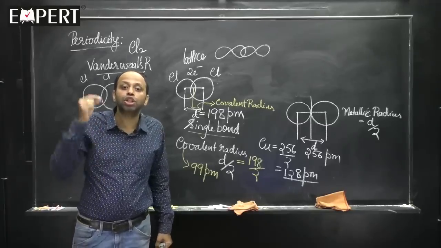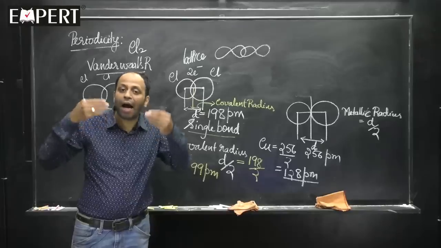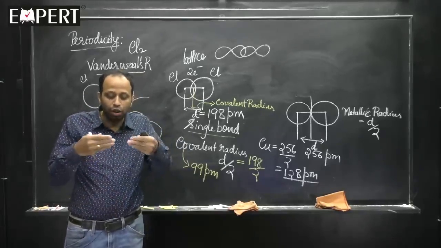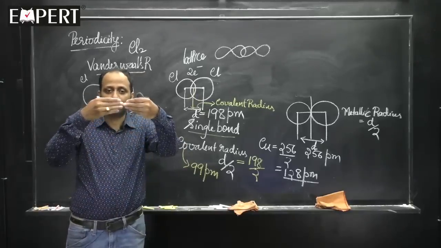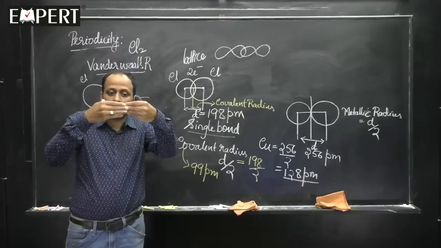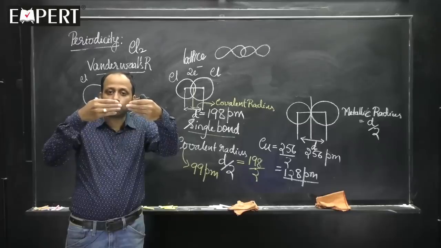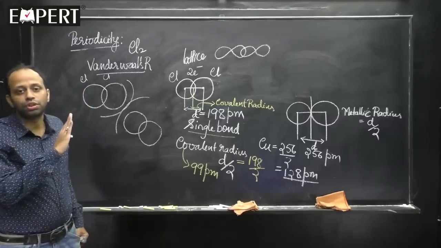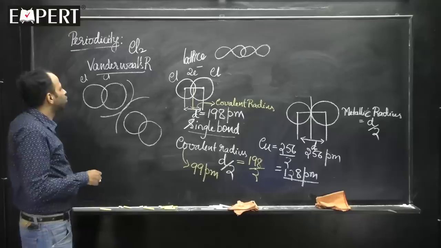It should be in the solid state. They can come as close as possible to one another. Okay, they will not touch as in case of metallic bond, they will not overlap as in case of covalent bond, but they will be close to one another, like in case of the van der Waals forces, that is, there is repulsion there.